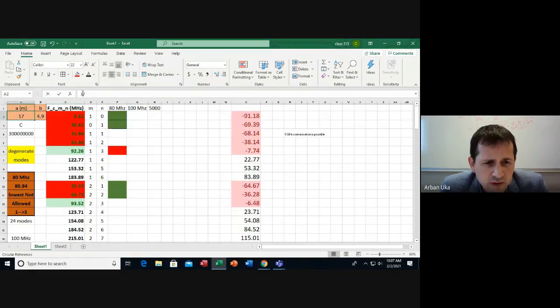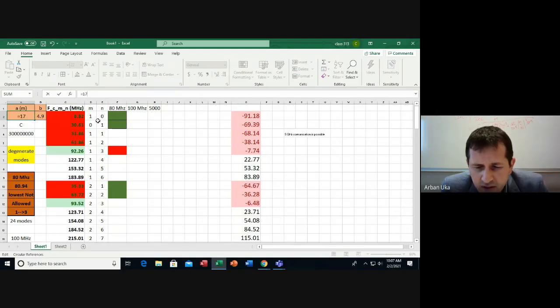But what we can do is actually see when the dimensions of the tunnel can be a barrier for the 5G communication. So let's assume here we say 17, let's divide the meters by 100, let's make this centimeters.